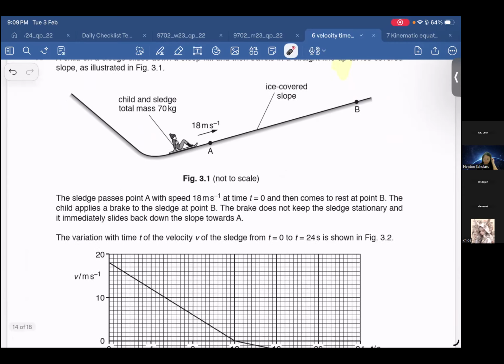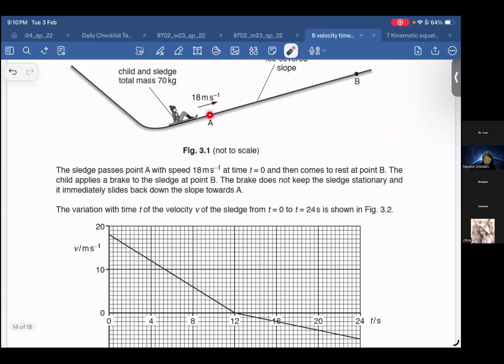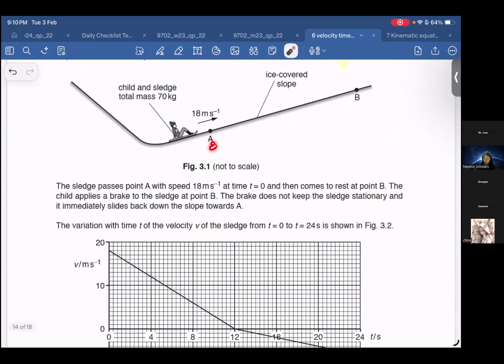Then after that, it passes through point A at the speed of 80 meters per second at time t equals 0. So here t equals 0. And then it comes to rest. Comes to rest must mean the speed decreases. So in the whole path here, velocity is decreased, until here the velocity becomes 0. So this one is the start.